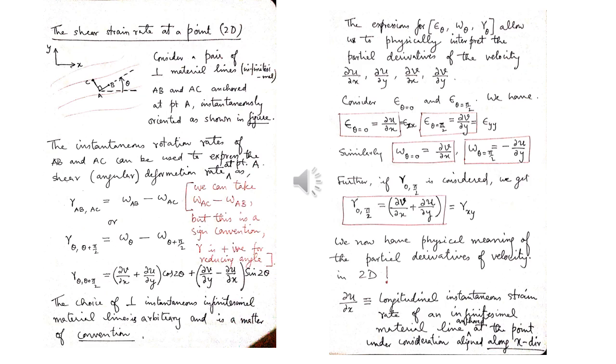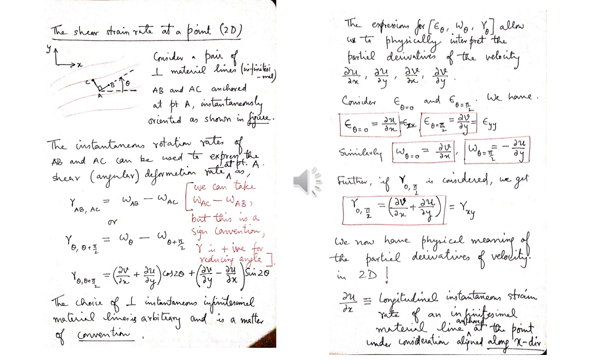But again, for the sake of uniqueness in the subject, so that everybody follows the same rule and convention and there are no confusions, we fix up a sign convention for the shear strain rate. And what is this sign convention? The sign convention says that the reduction in the angle, that is, initially if you choose the material lines as perpendicular, then the reduction in the angle gives rise to a positive shear strain rate.